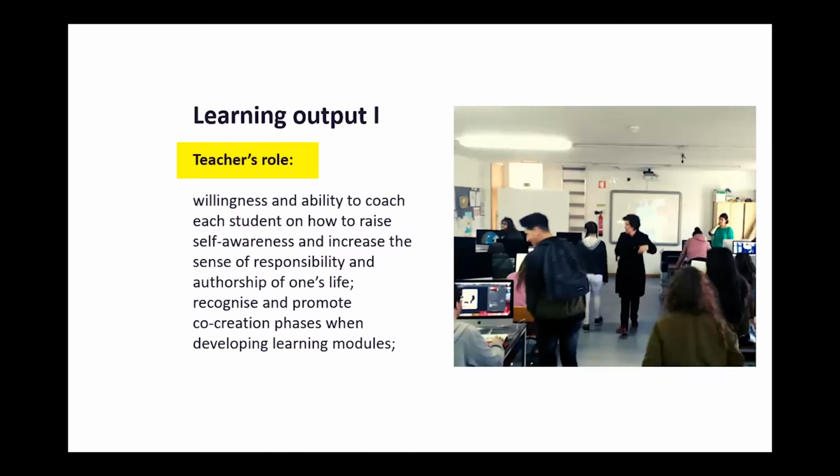This meant a few things for each of the roles or each of the participants. So we had three types of participants, as I said: teacher, student, youngster or learner, and the external facilitator. From the teacher role, of course, this meant that in this process we have to have some willingness and ability to coach each student on how to build this self-awareness, self-discovery, and to build their self-efficacy, not just as a designer in design education, but also as a learner, as a citizen, as a peer, as a friend, as a colleague.